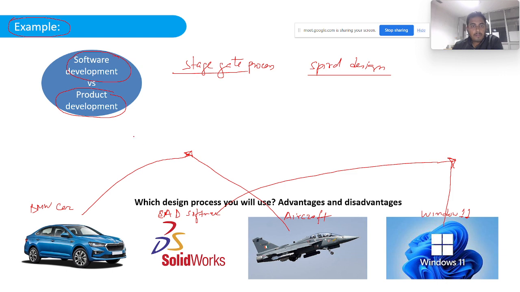So one important criterion here is that, as I told you, you want to achieve 100% efficiency when you have a set of requirements. So for those products, whether it is software or hardware, if you can commercialize a particular product without 100% efficiency or accuracy, then only those products can adopt the spiral design approach.